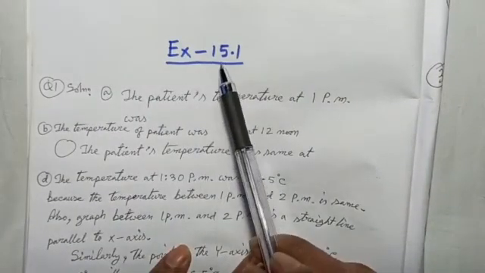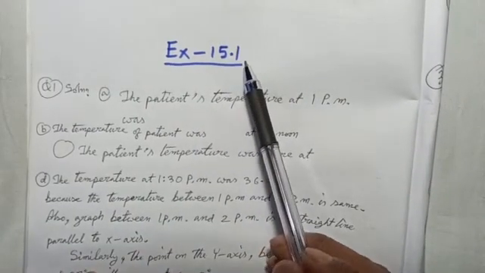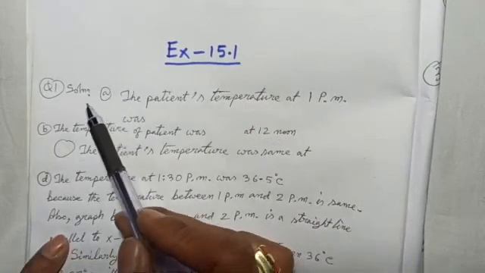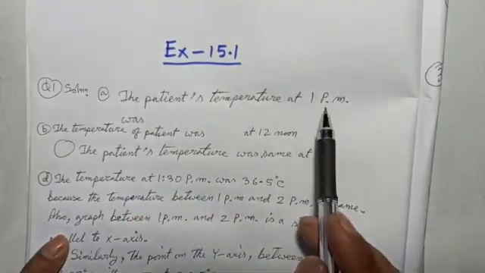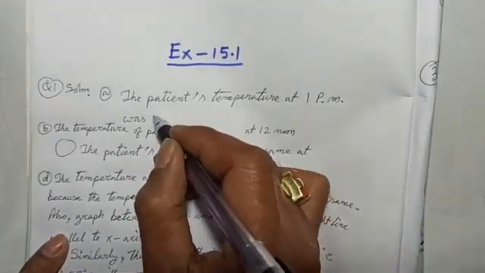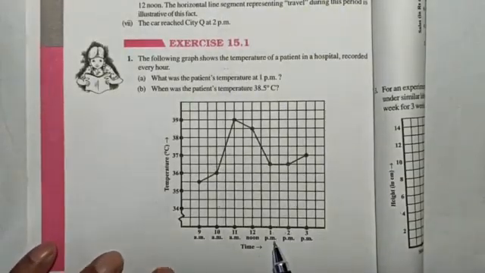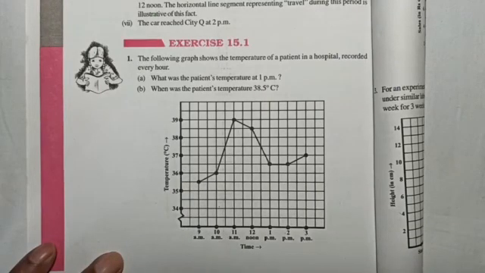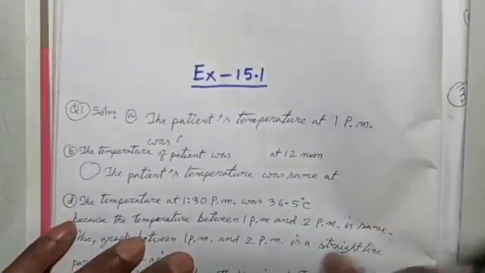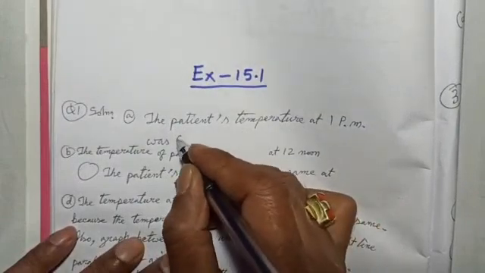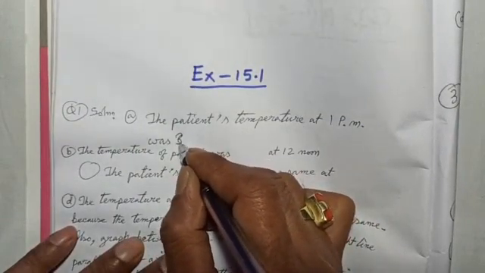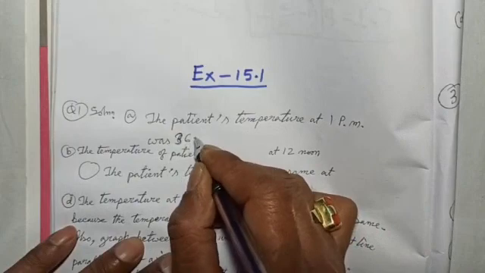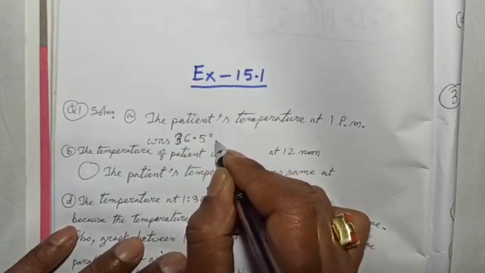Now exercise 15.1 solution. A. The patient's temperature at 1 p.m. was 36.5 degrees Celsius.